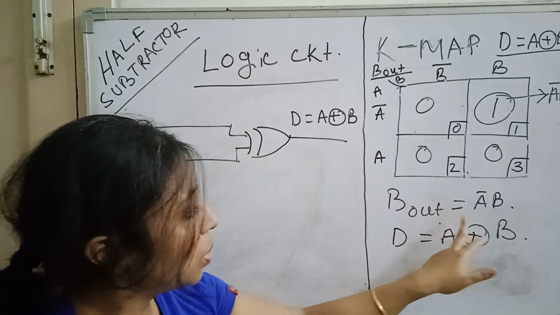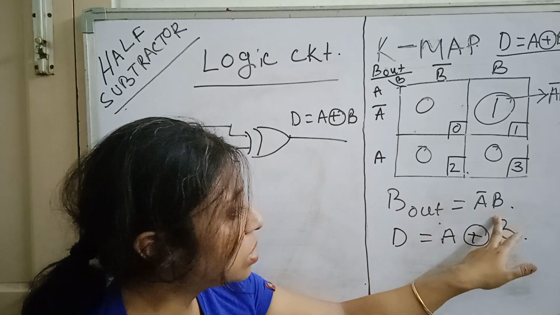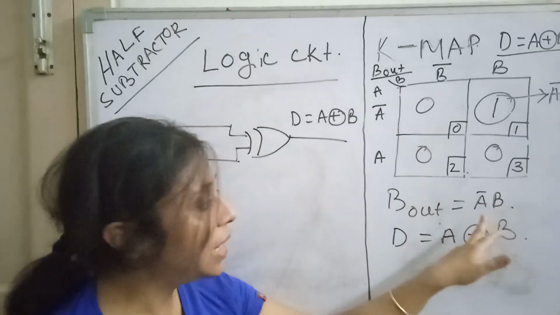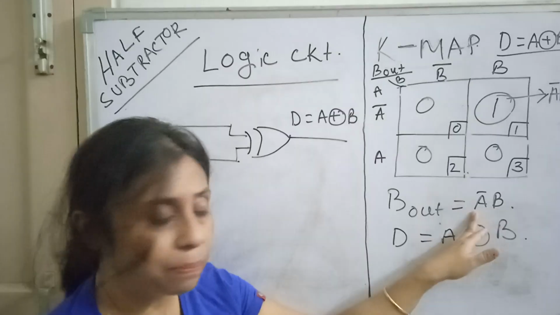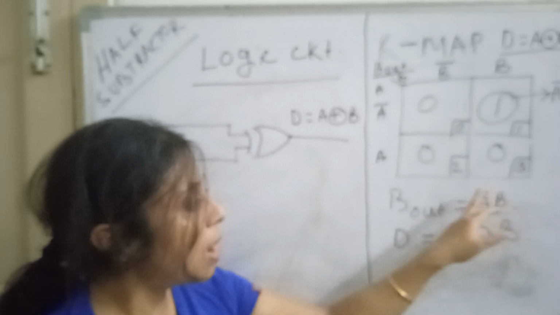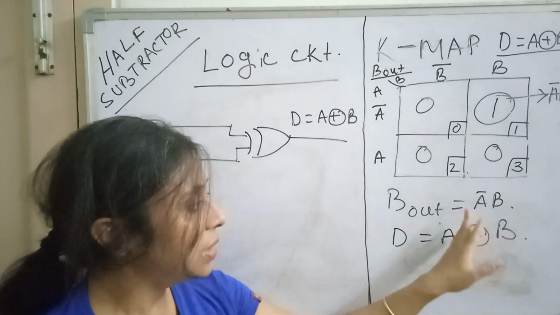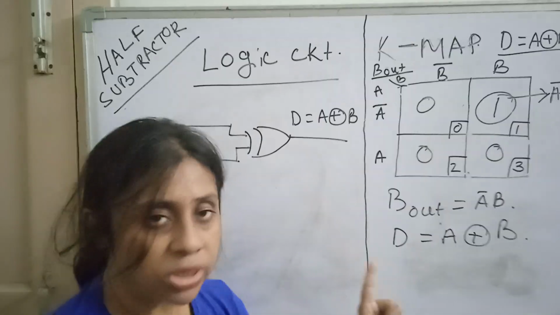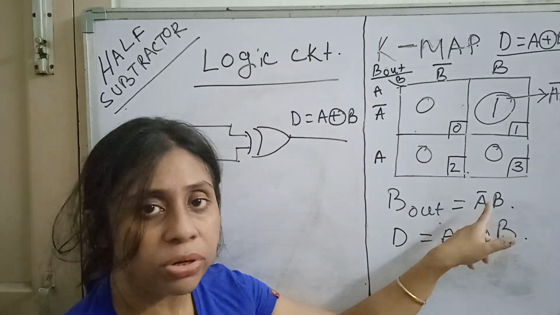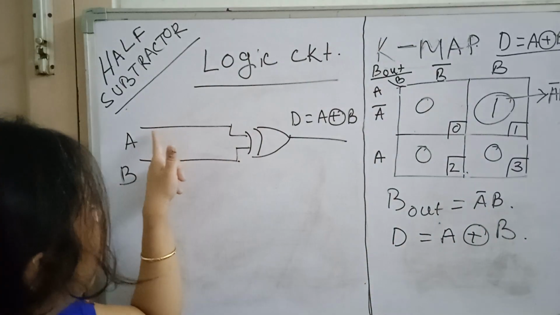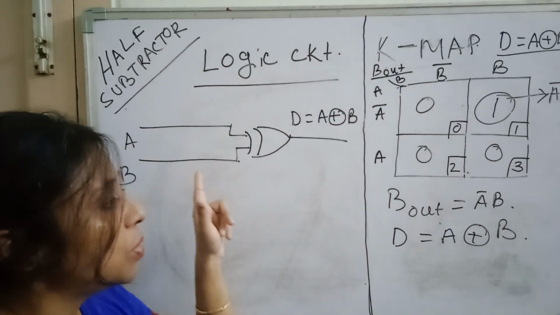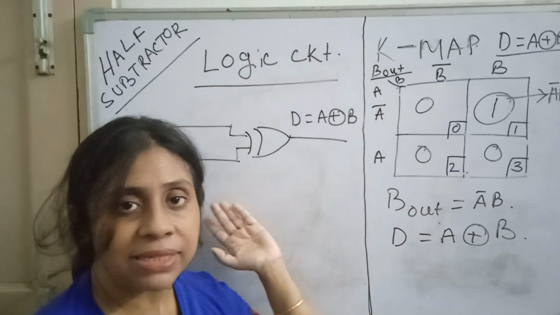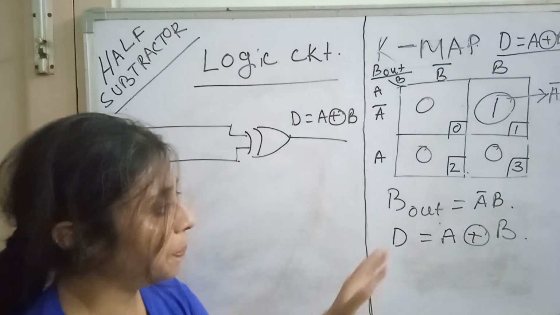Now the next one is borrow out. What is borrow out? A naught dot B. That means we are ANDing A naught, A complement, and B. So how many gates will be required? There will be two gates required for this expression. One NOT gate to make this A naught, because we have taken input A. As we want A complement, we need to pass A through a NOT gate.